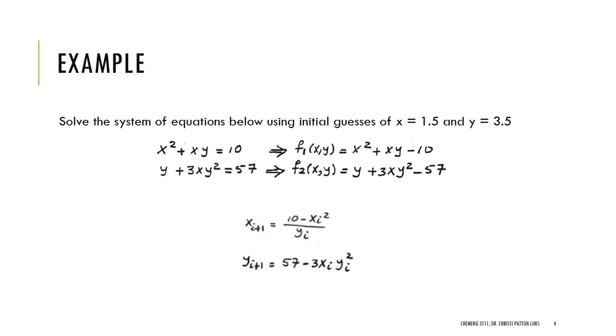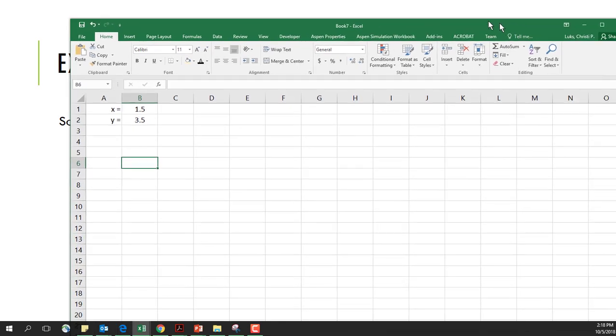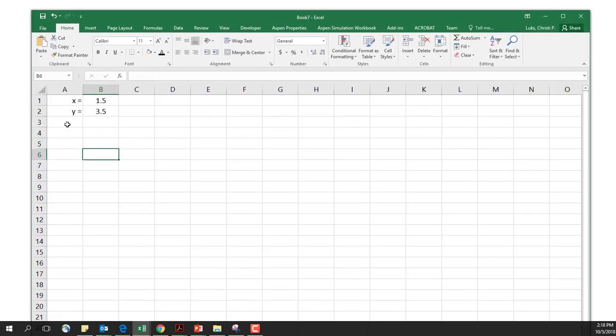Let's look at this in Excel. So I have my two starting values here, and I just simply need to use the formulas. So the first time x is equal to, well, I need parentheses, 10 minus the x answer squared divided by my last y. And this is the x.